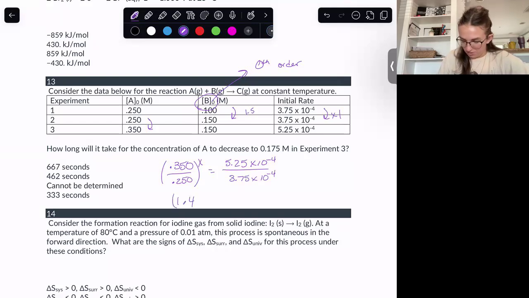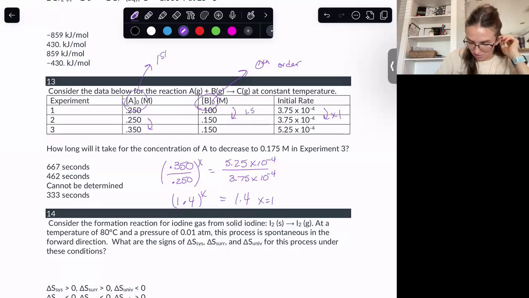So this would be 1.4 to the x is equal to 1.4. What does x need to be to make that equal? x has to equal 1. So we know that A is first order.